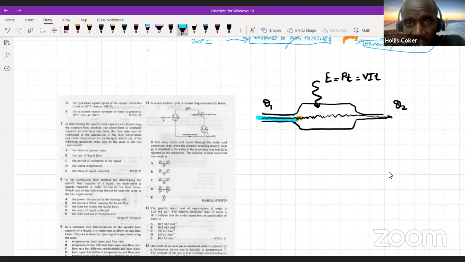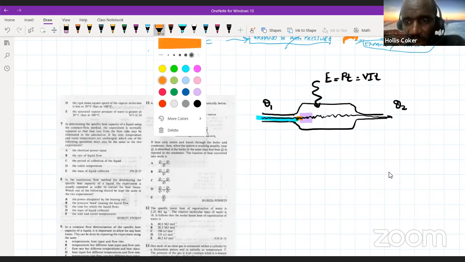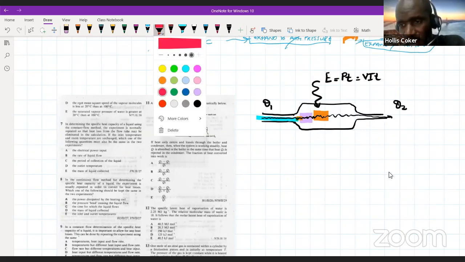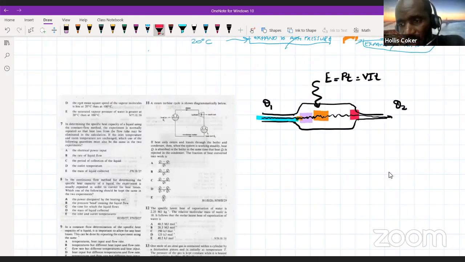And if you use the heater, it starts to heat up, and then it's a little hotter, and then it gets hot. I use red for hot. So by the time it leaves the heater, no more heating taking place, it leaves at that temperature.